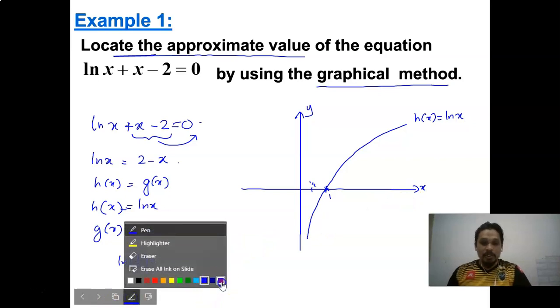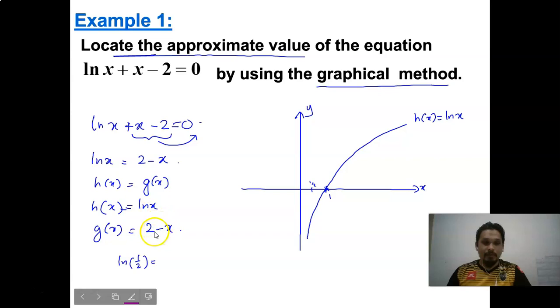I change the color for the next graph, g(x) equal to 2 minus x. When x equal to 0, g(x) or y equal to 2.